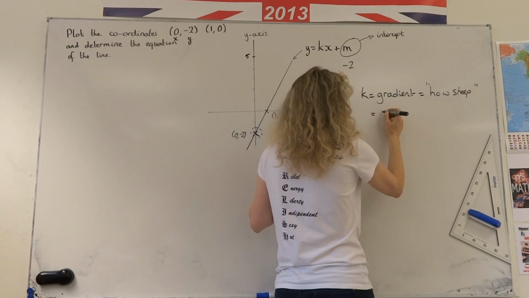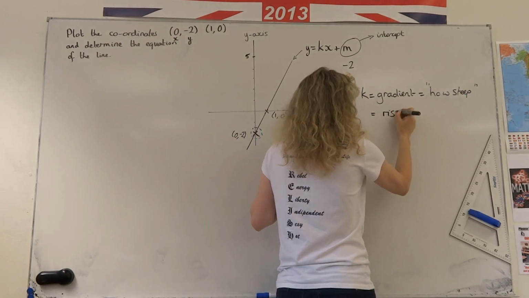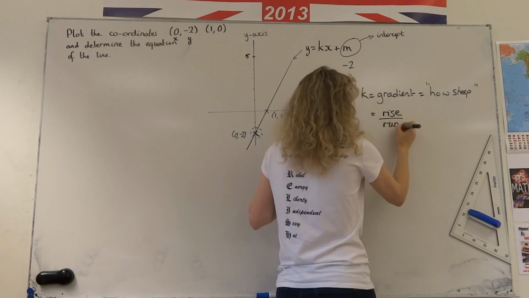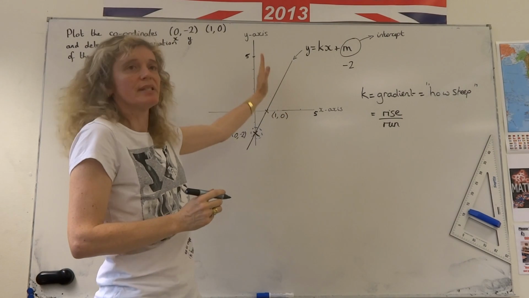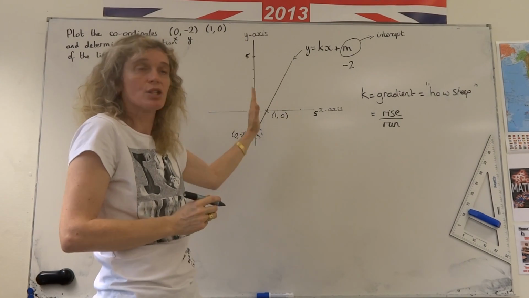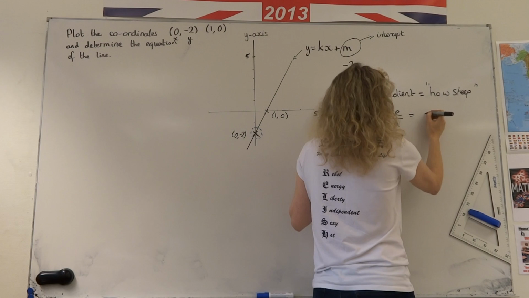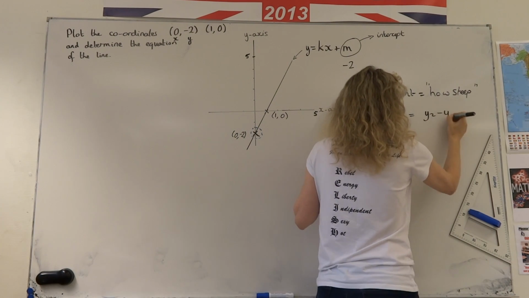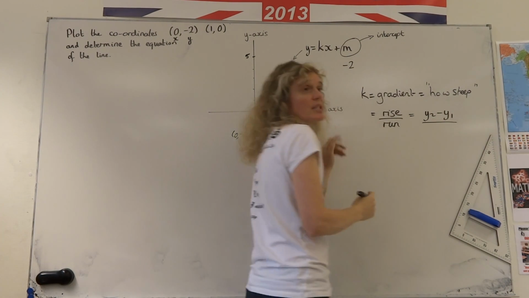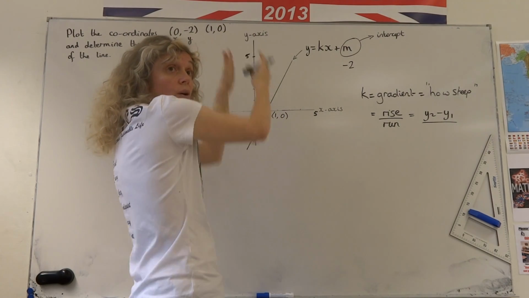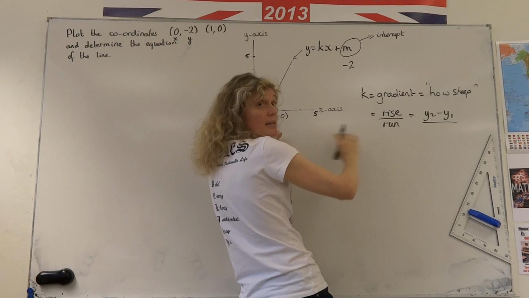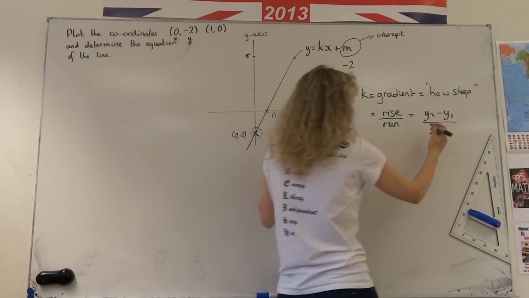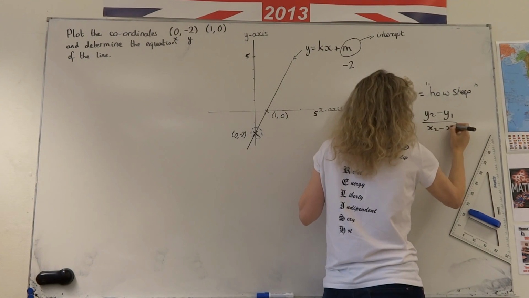We can say that the gradient is the same as rise over run. Rise means how steep is it, how much is it in the y direction? We work that out by saying y2 minus y1. That's how steep it is in the y direction. And the run is how long it is if we were running horizontally, so it's x2 minus x1.